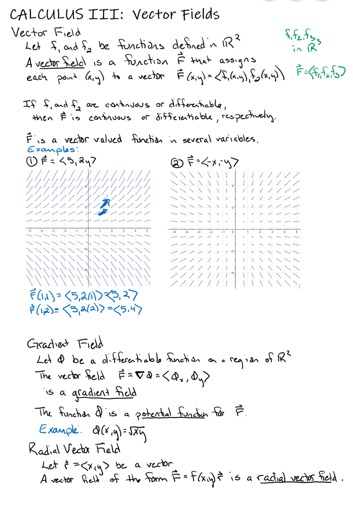And so we could also, say, take a look at something like (2, -1). That would give us the vector (5, -2). So at the point (2, -1), we would have the vector (5, -2).